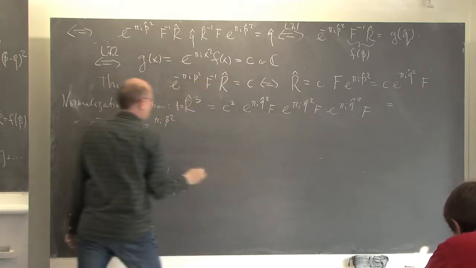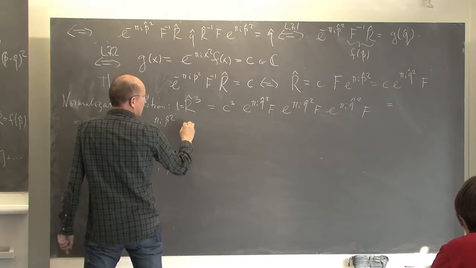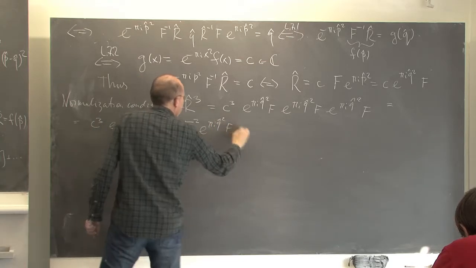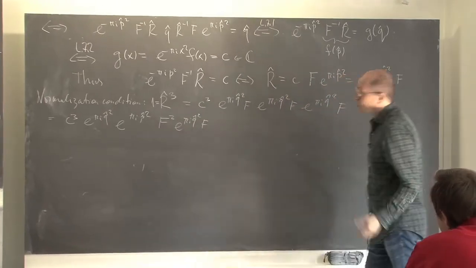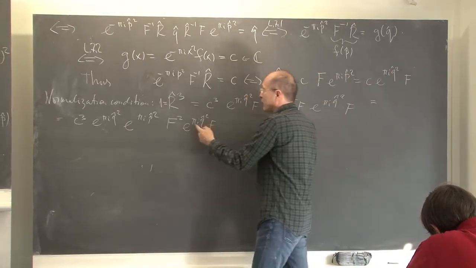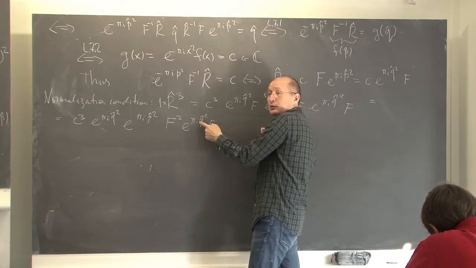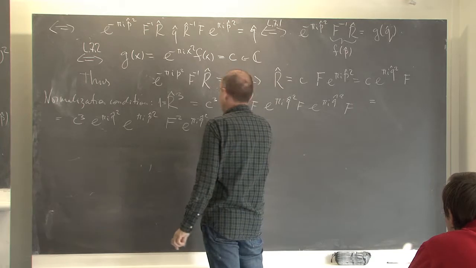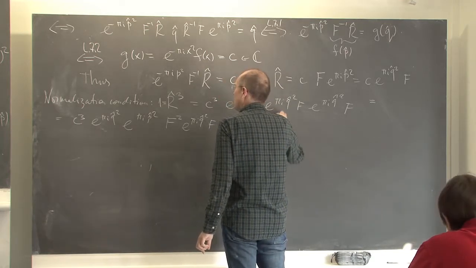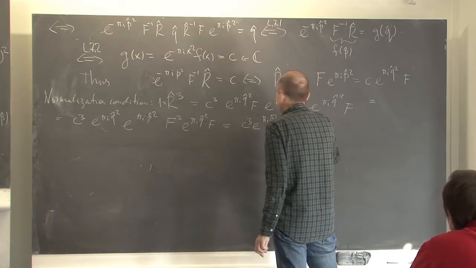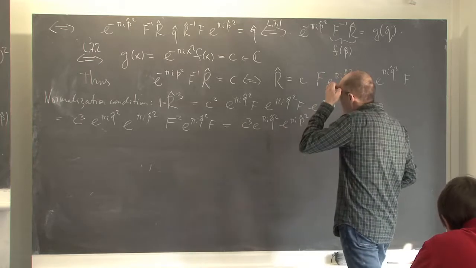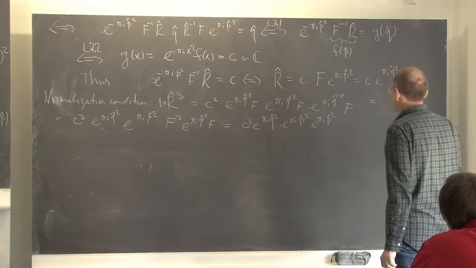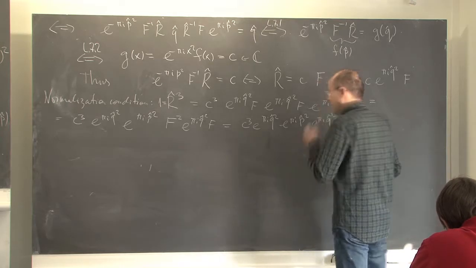Here we move this F to the other side, Q becomes P, and F squared, pi i Q squared F. And now we have to push 2 copies of F through this exponential. So first F converts Q to P, second F converts P to minus Q, but minus Q squared is Q squared. So this commutes with it, so it passes freely to the other side. e to the pi i P squared, e to the pi i Q squared, F cubed.